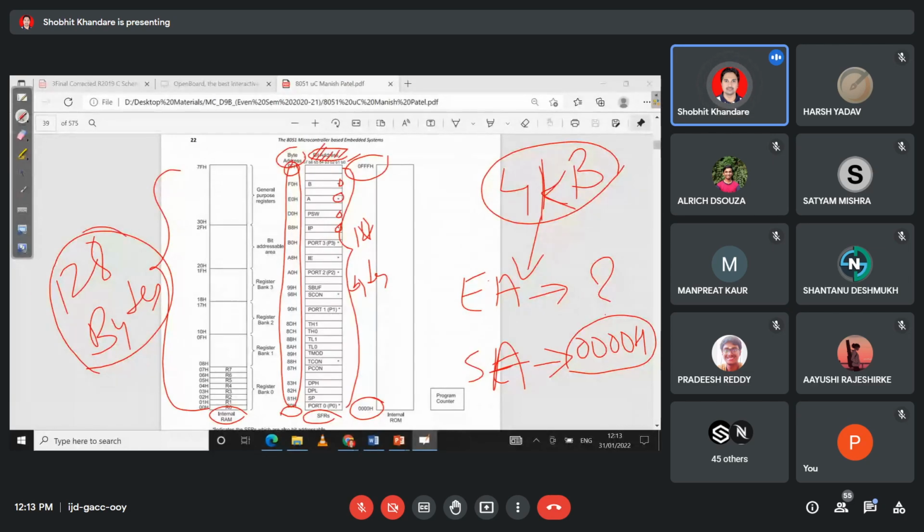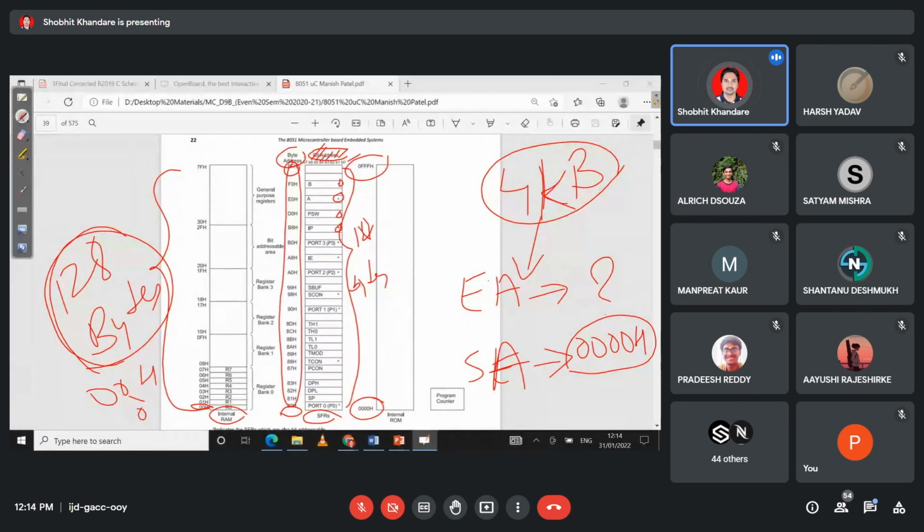ठीक है, if I ask you to address my 128 bytes, how many address bits you require? आपको कितना एड्रेस बिट्स चाहिए to point this 128 bytes? Can anyone of you? ये देखो, आपने 00H लिखा था, तो मैंने आपको बताया था, क्या बताया था?